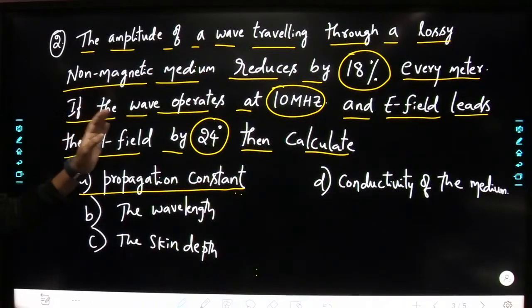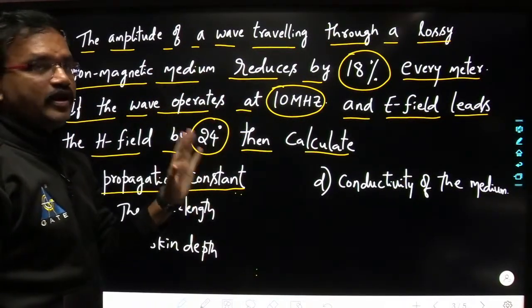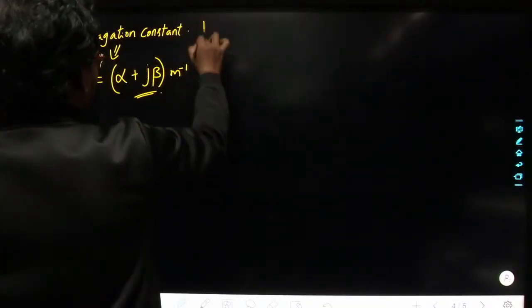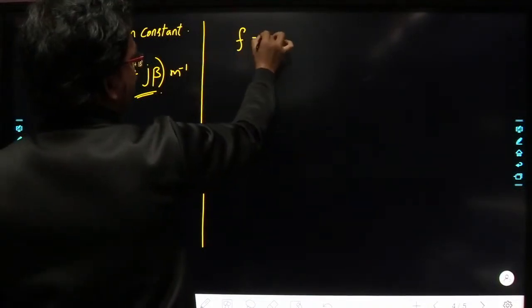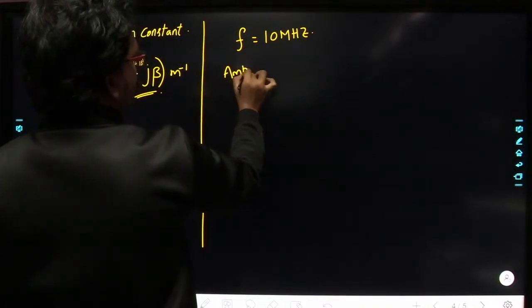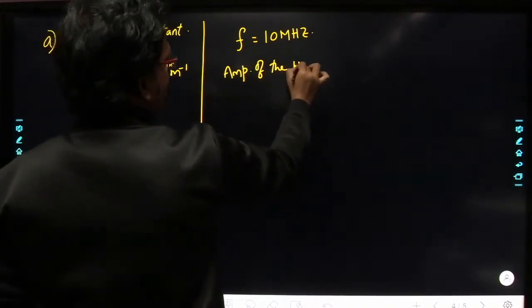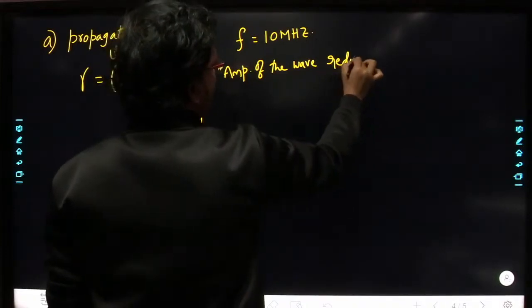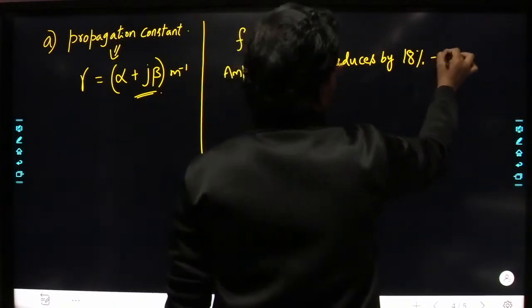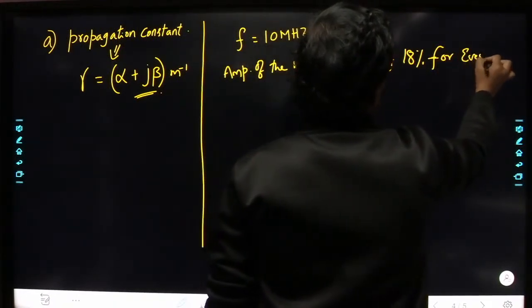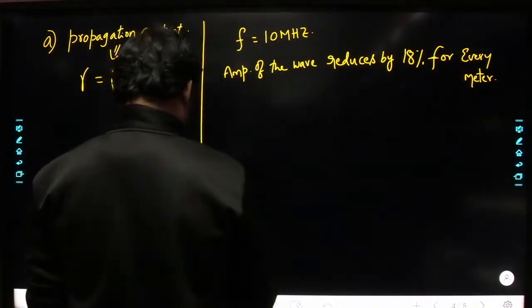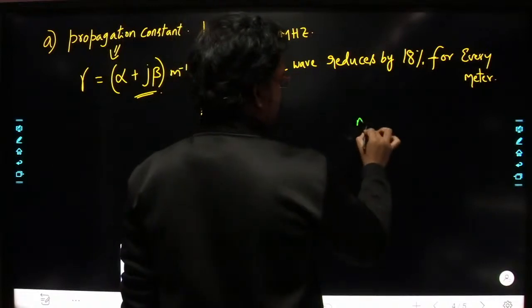The frequency of the wave is 10 megahertz, and the amplitude of the wave reduces by 18% for every meter.